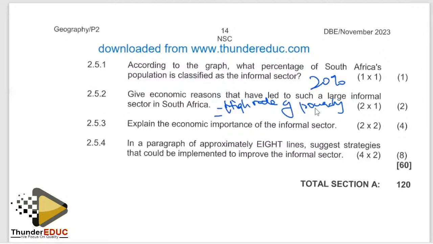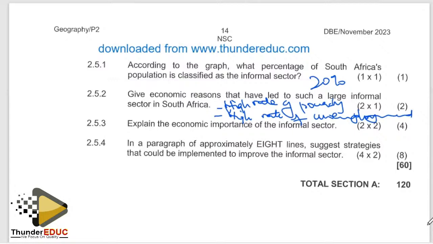Number two, we can also look at another evidence and say the high rate of unemployment. You can also look at the high demand of goods and services, etc.